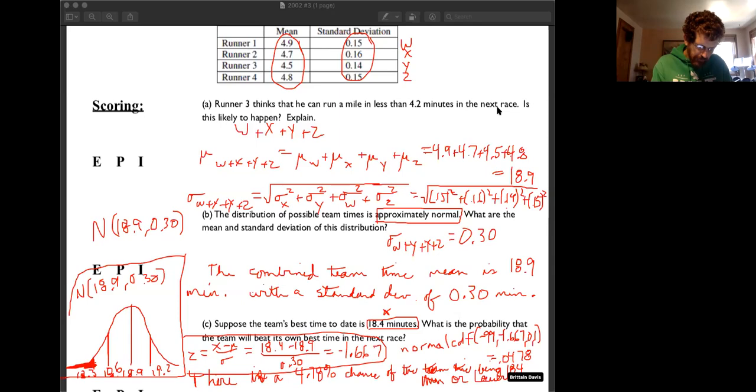Oh, I barely fit that in somehow. All right. My stylus doesn't like to write when it gets close to the edge of the screen.